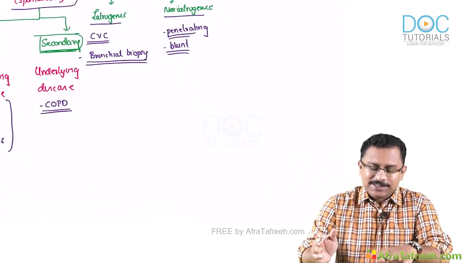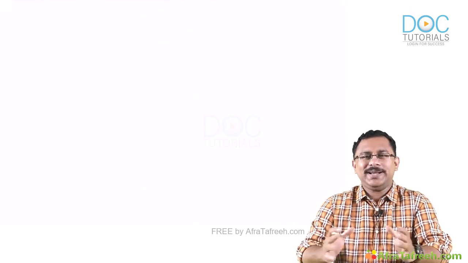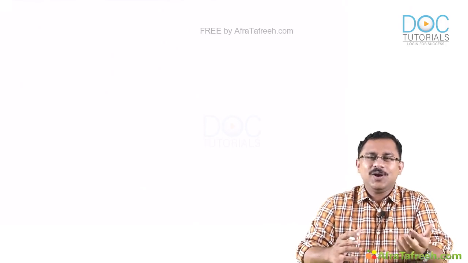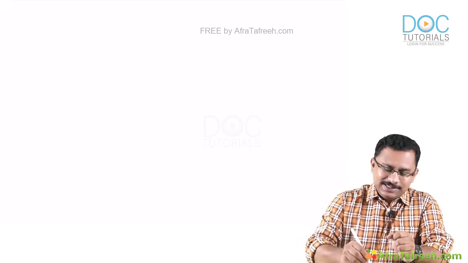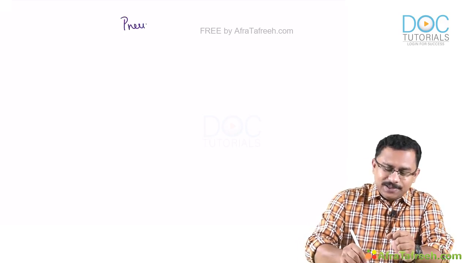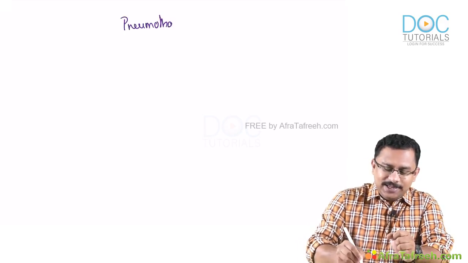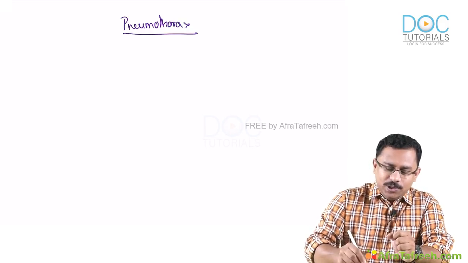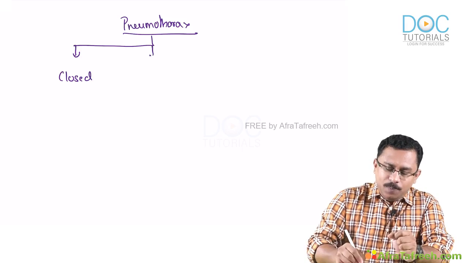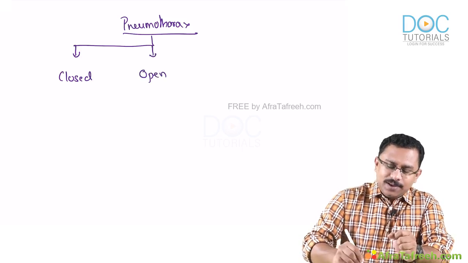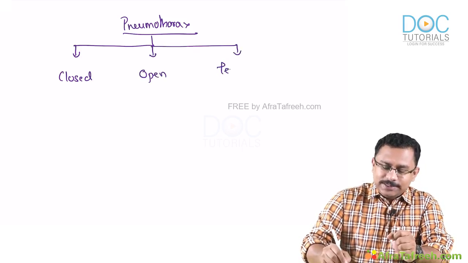Now, in addition to this classification of pneumothorax based on the etiology, another way of classifying pneumothorax is based on the classification into your closed pneumothorax, open pneumothorax and tension pneumothorax.